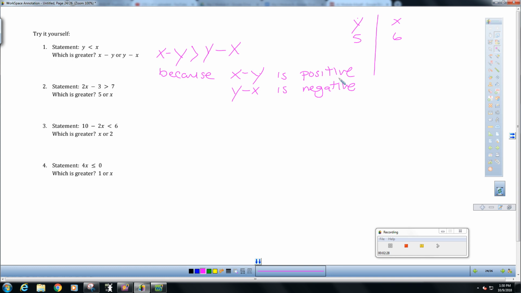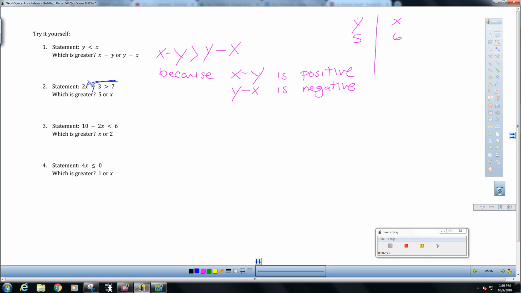I'll just change my color for each of these so we can kind of keep track. 2x minus 3 is bigger than 7. Which is greater, 5 or x? Well, I don't know. But before I quit, I can simplify that.